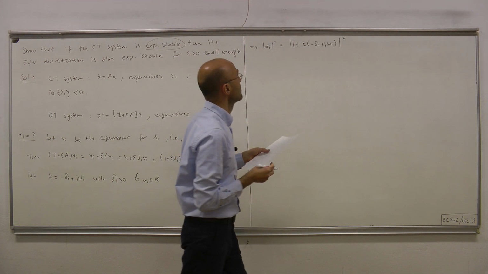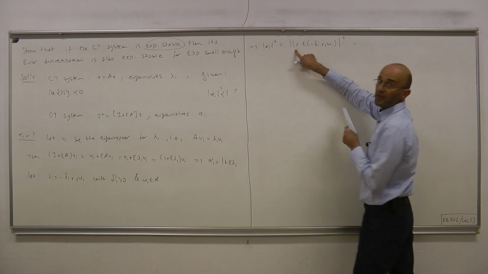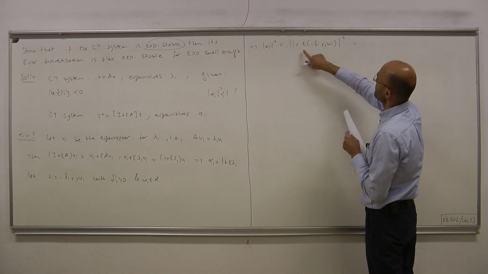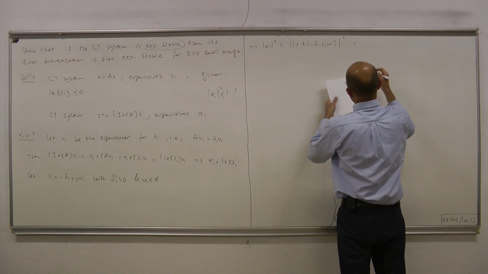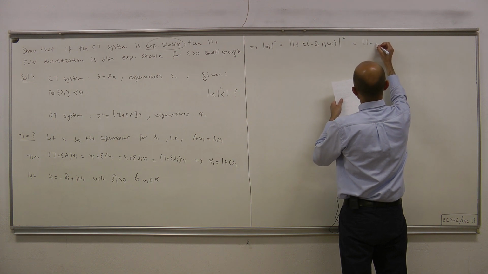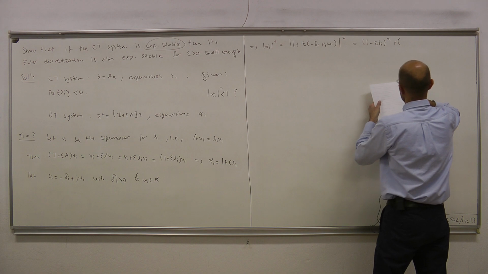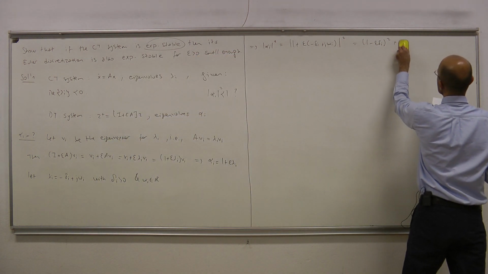And that equals, the real part is 1 minus epsilon delta i, and the imaginary part is epsilon omega i. So we can write (1 minus epsilon delta i) squared, the real part square, plus the imaginary part square, which is epsilon square omega i square.